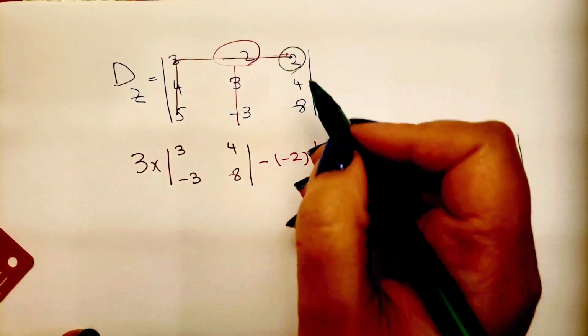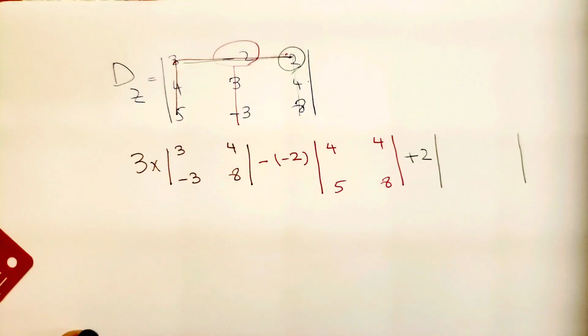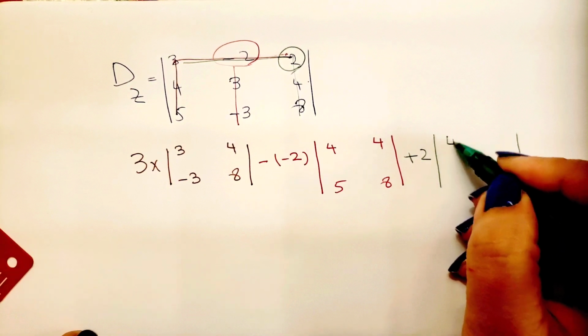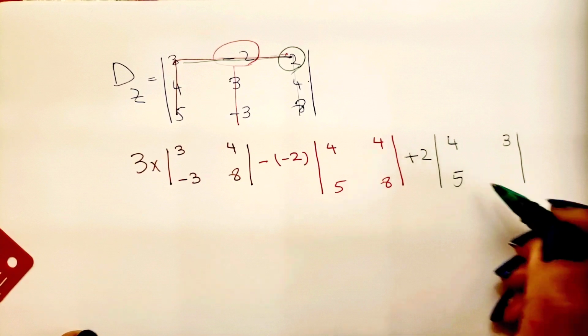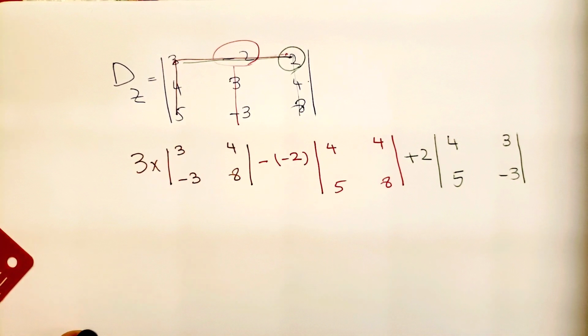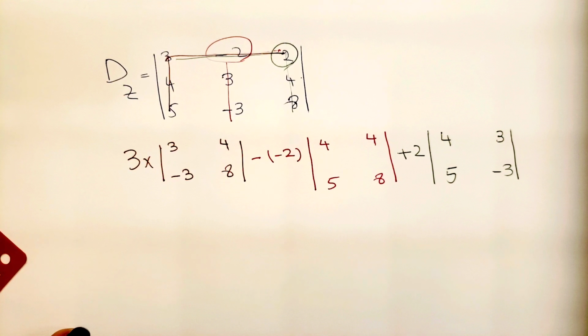Okay, and the determinant, so this column and this row would be eliminated. So what I'm left with is 4, 3, 5, -3. Perfect. Now I have to calculate the value of each of these determinants.